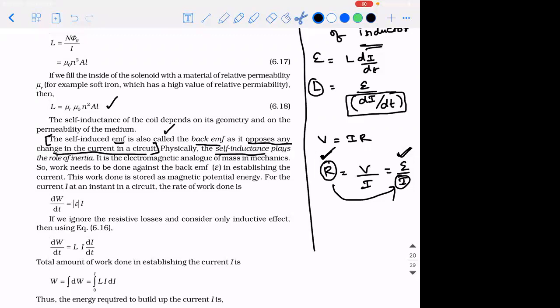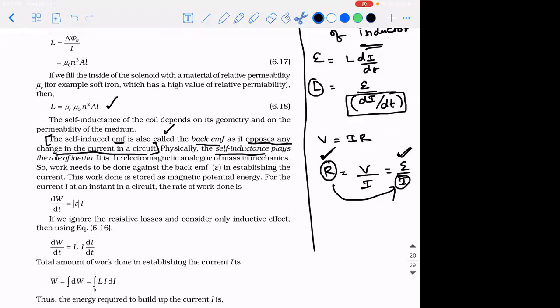So an inductor will provide more amount of, I can call it resistance also, more amount of opposition to the alternating current. It will allow DC current to flow through it smoothly, but it will not allow the alternating current to flow through it. It is because of this reason.